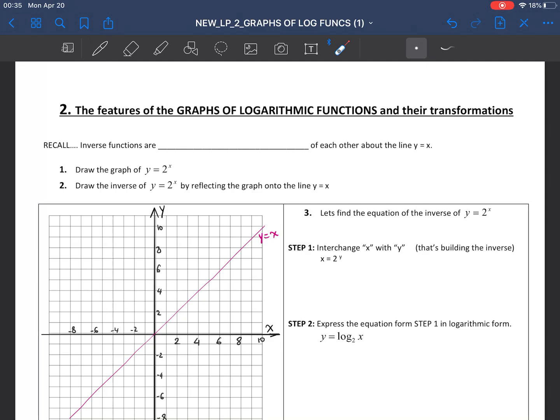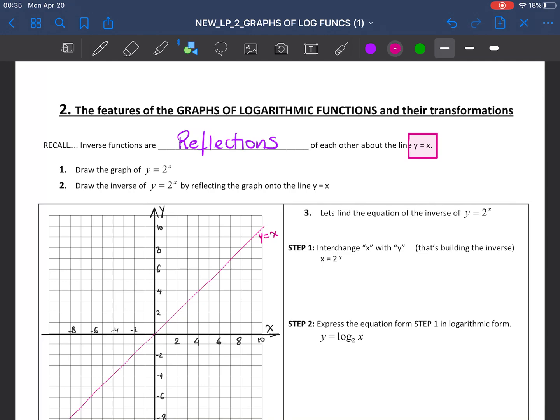So we're going to quickly review what inverse relations are from grade 11. Inverse functions or relations are reflections of each other about the line y equals x. The line y equals x acts as the mirror or reflection line.